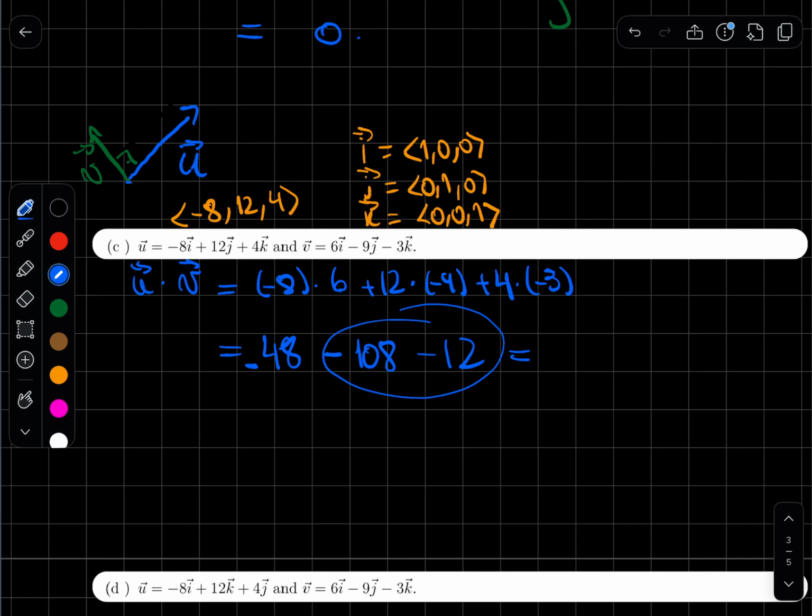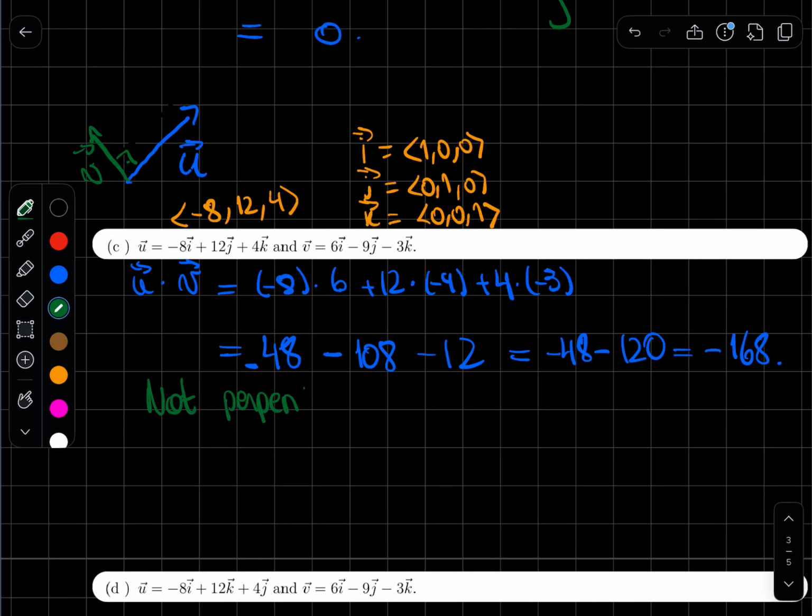But cool, I got to combine these into another 120 because I took a 12 out to make 108. I'll put a 12 back. So that's 48 minus another 120. So that's negative 168. Not the number of my dreams here, but it is what it is. And so definitely not perpendicular, not orthogonal, because that would have to be 0.